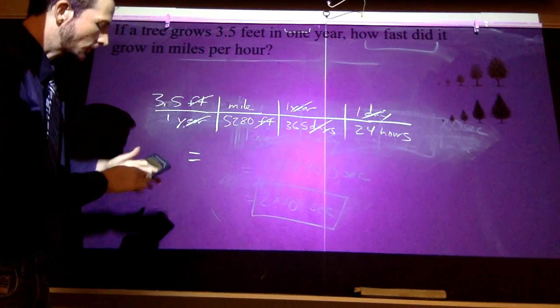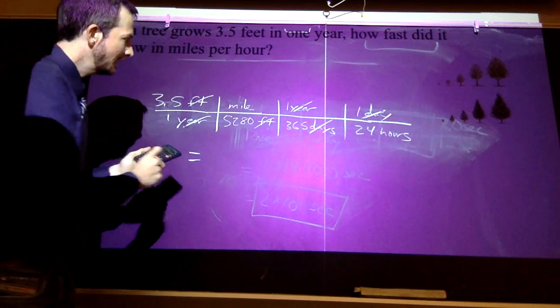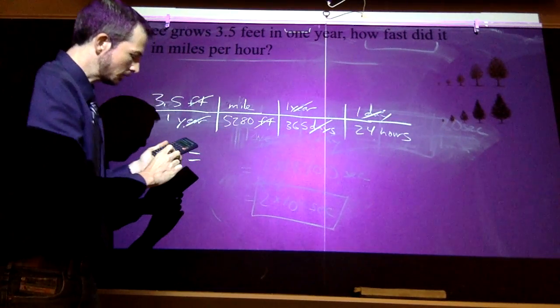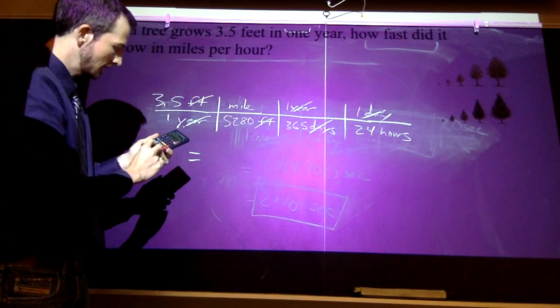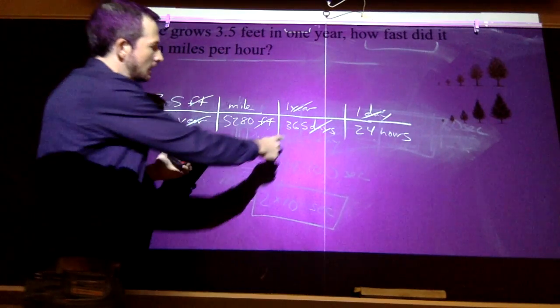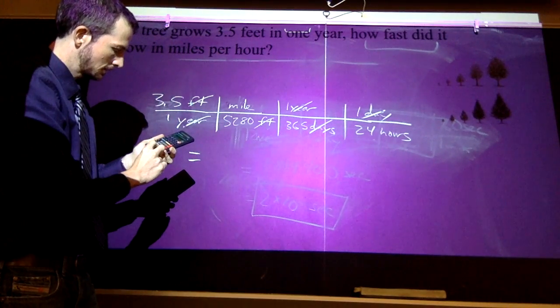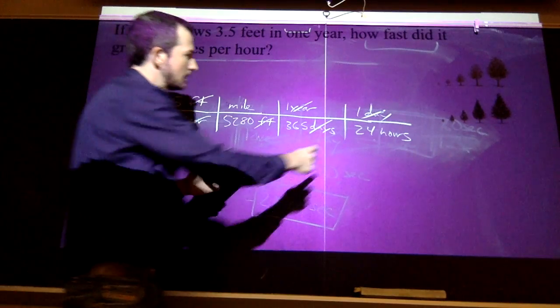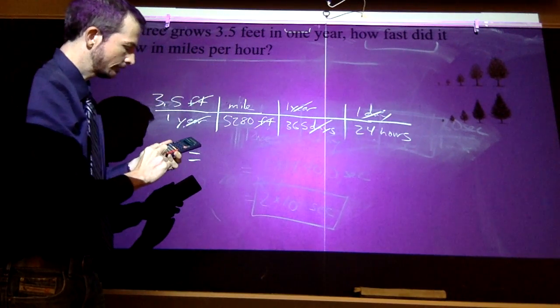So this time I want to take 3.5, divide by quantities on bottom. So I take 3.5 divided by 5,280 divided by 365 divided by 24.